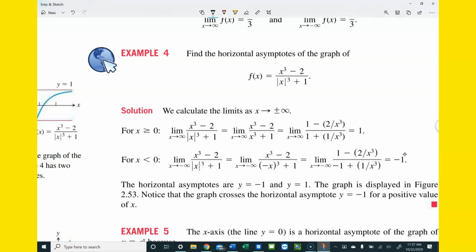What does the absolute value of x cubed act like when x is negative? When x is negative, the absolute value of x cubed will act like negative x cubed, right? Because let's say if x was negative 2.